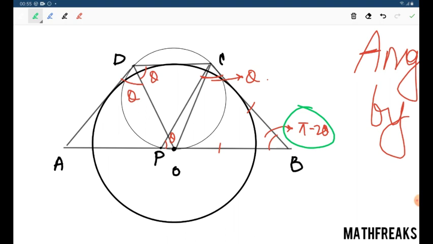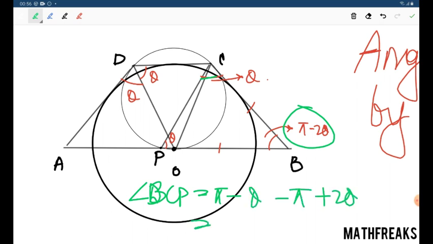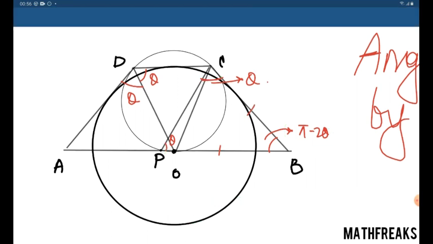Now what will be angle BCP? Angle BCP, that is this angle, pi minus theta minus pi plus 2 theta, which is theta only. So this is also theta, this is also theta, which means that this is an isosceles triangle.